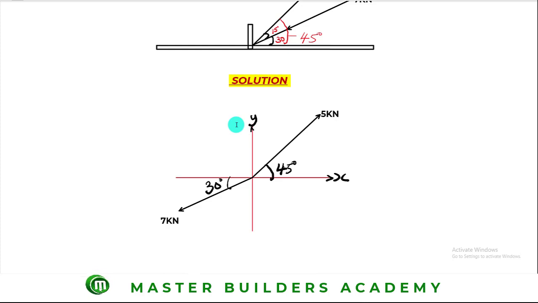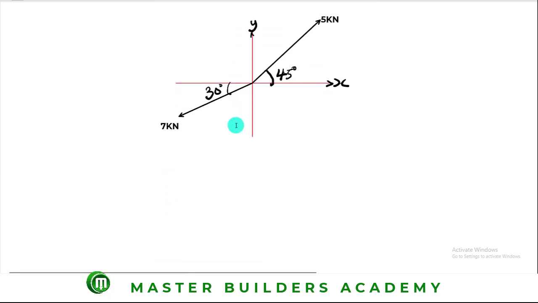If you check some textbooks, why do we have to switch this? One of the basic things you should understand is that whenever the angle is between the force and the x-axis, when you are resolving along the x-axis, you use cos theta, and when the angle is between the y-axis and the force, then when you are resolving along the x-axis, you use sin theta. This is the interchange.